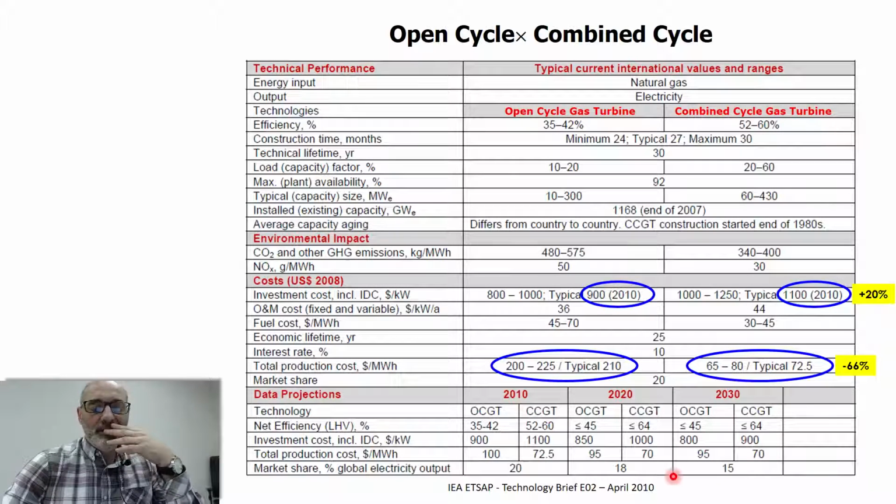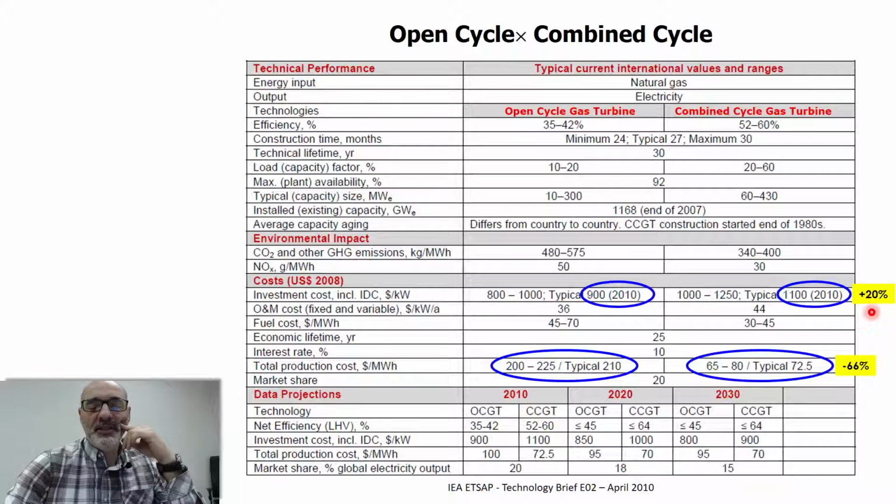But the production cost drops dramatically. Why is that? You see, from $200 per generated megawatt hour, it drops to 55 to, let's say, $70 per megawatt hour. So you spend 20% more, but you get 66% more revenue.